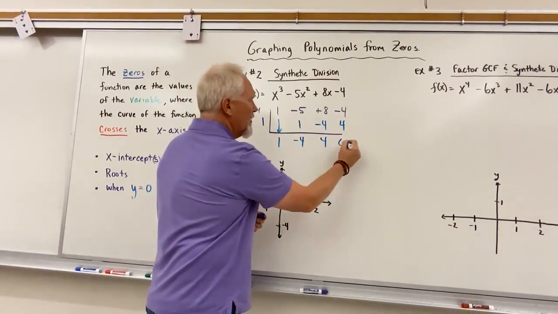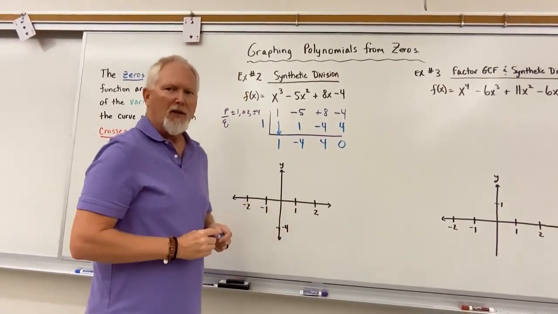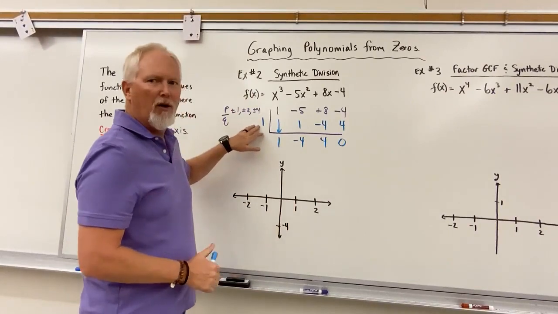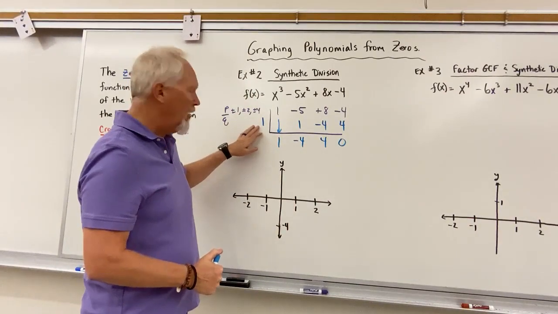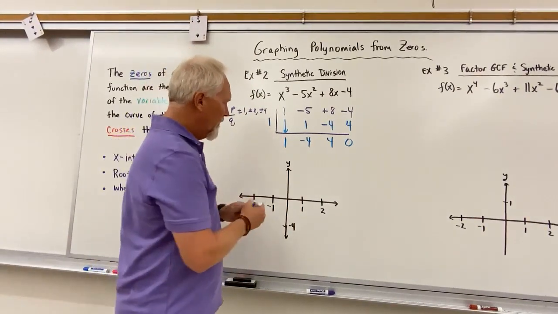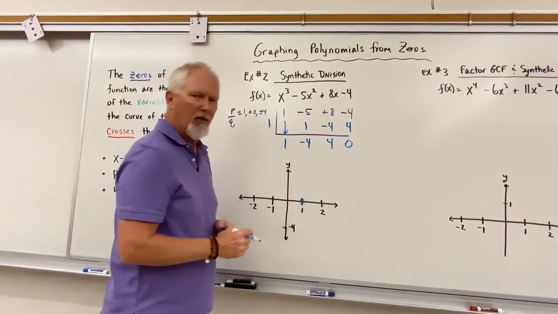And that gives us a 0 at the end, and so now we know that x equals 1 is one of our zeros. So we put a little mark there.